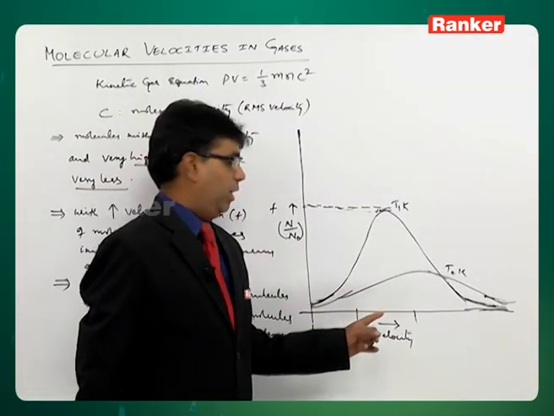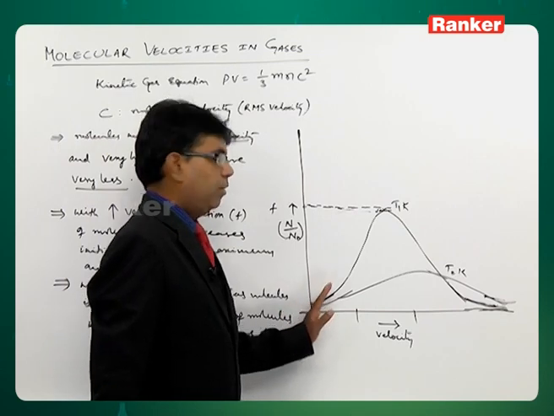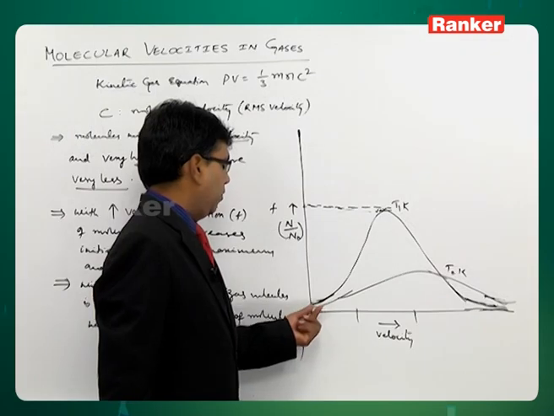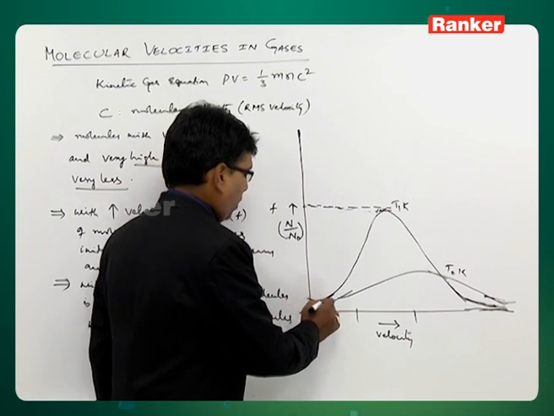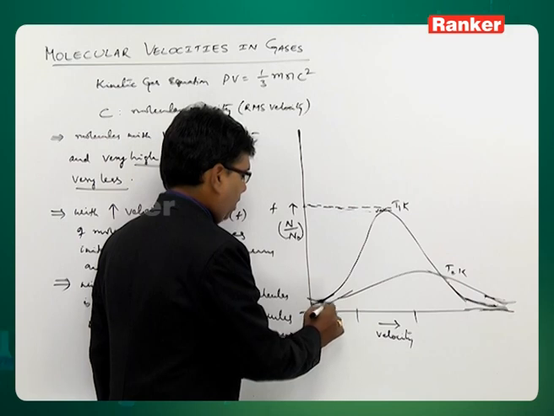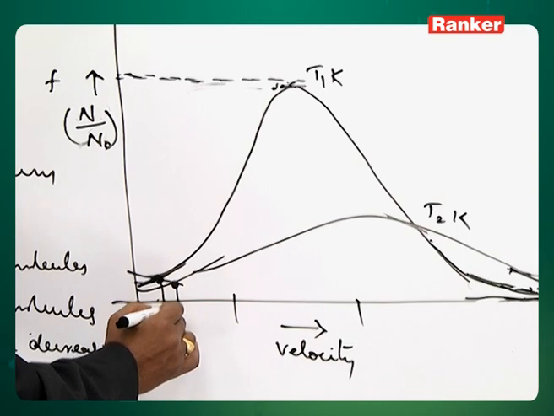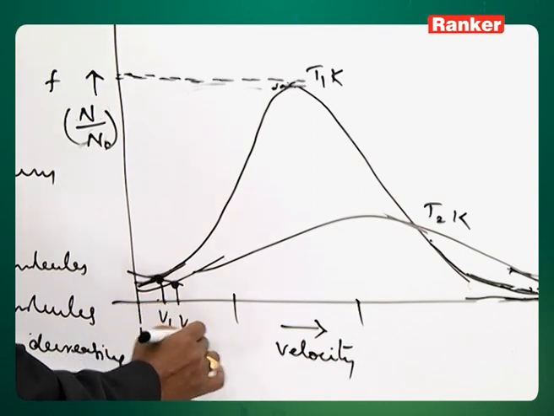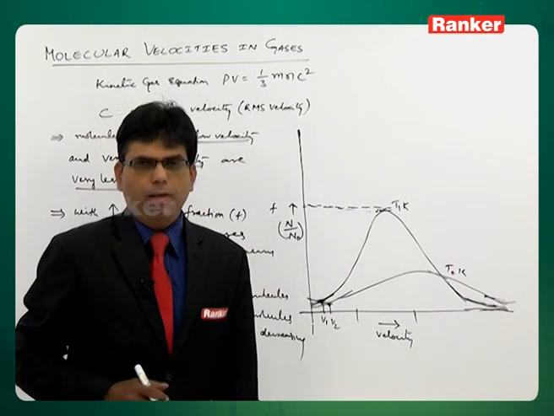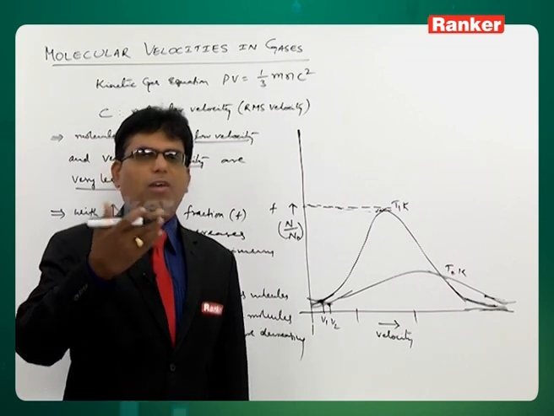If you compare the two curves, for a particular fraction, take two points: this is the velocity at T1 and this is the velocity at T2. Noting them as V1 and V2, for the same fraction at T2 Kelvin the velocity will be high. So, with increase in temperature molecular velocity increases.